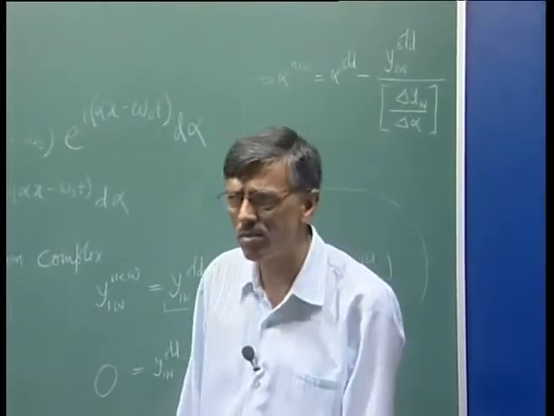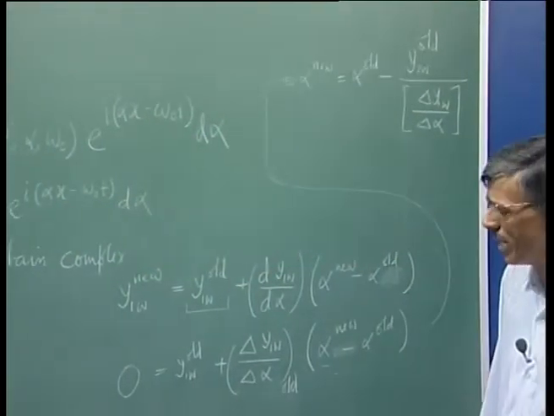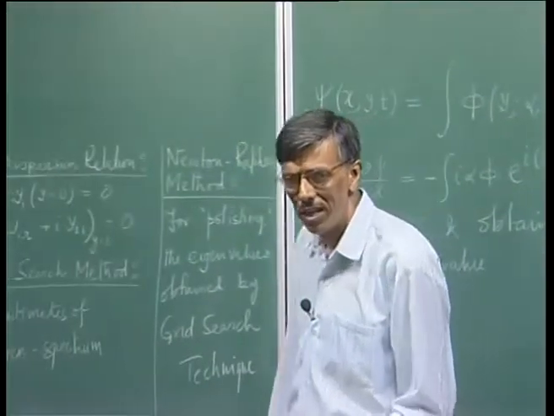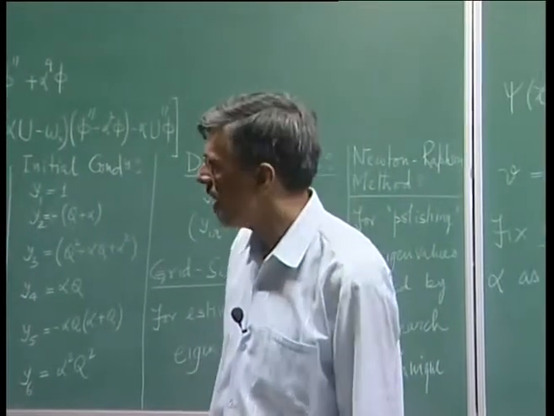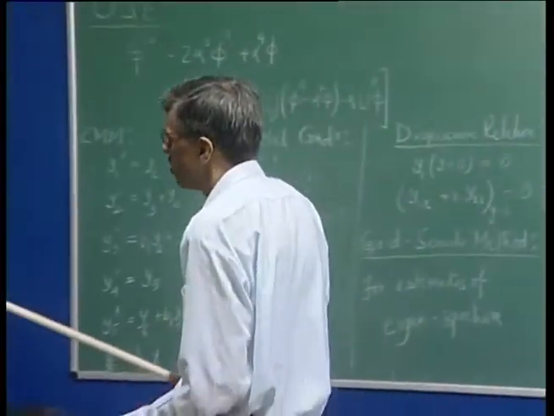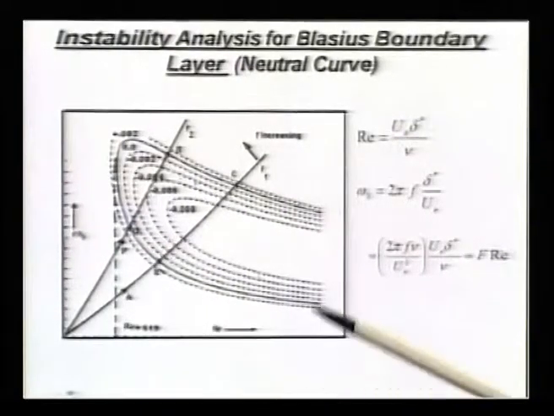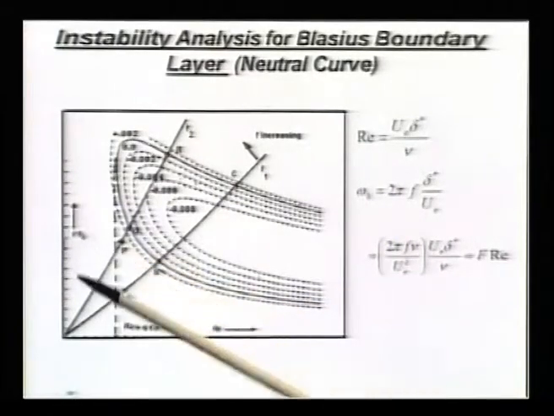That is the essence of Newton-Raphson search, and you find out what you get. So, at the end of that activity, you are going to get an estimate for alpha real and alpha imaginary, and that is what we like to plot. What I have shown you here is a plot of alpha imaginary in the Re omega naught plane.